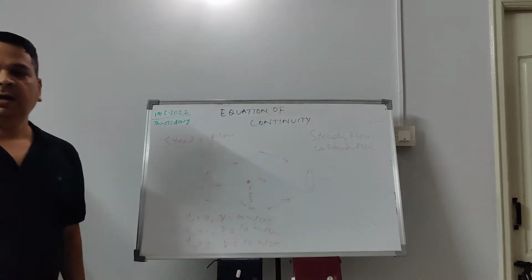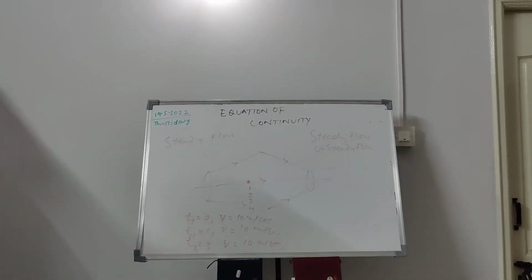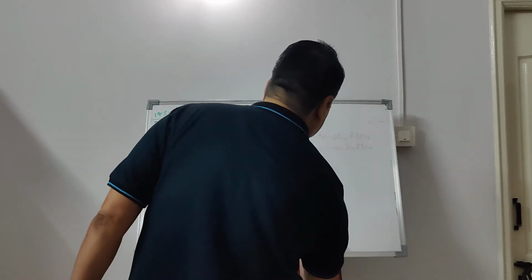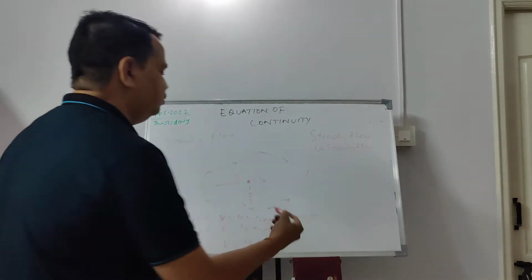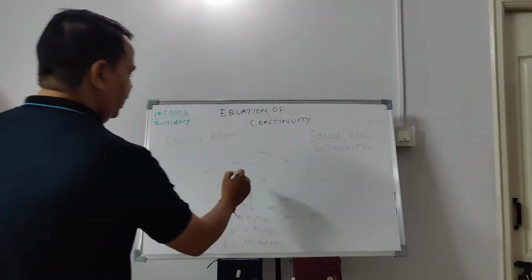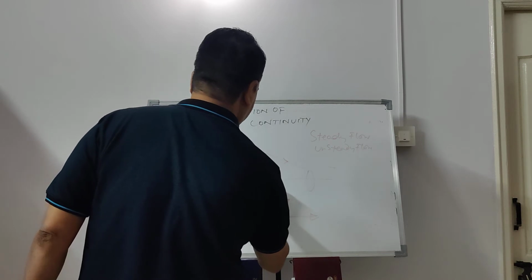Velocity is not only a magnitude, it is also a direction. So let us say it is moving in the horizontal direction at this point.